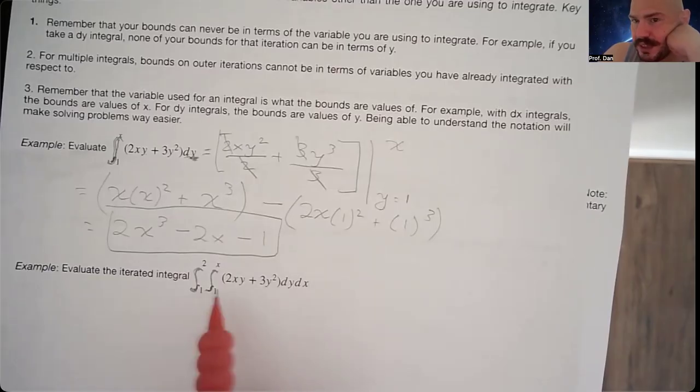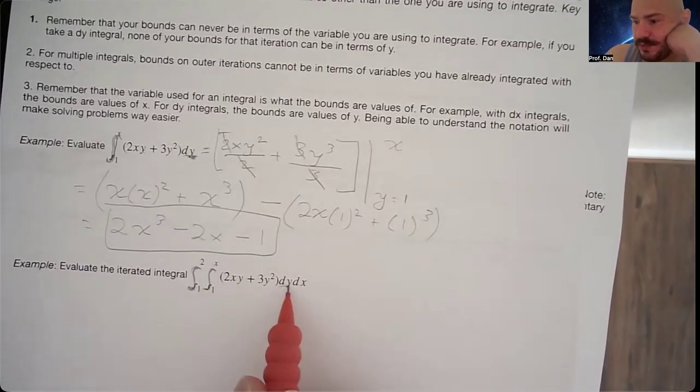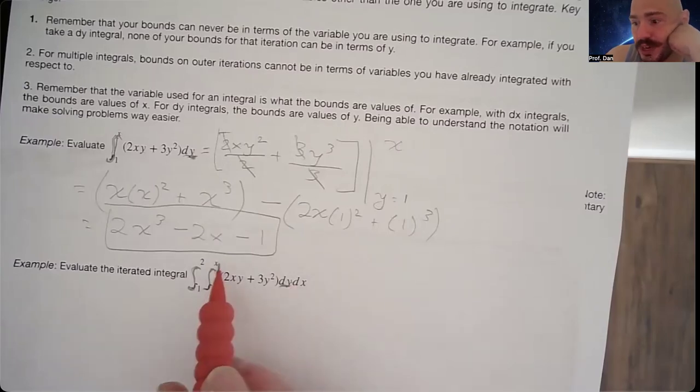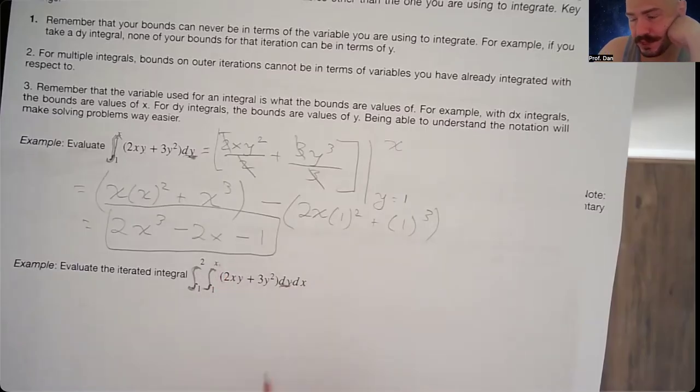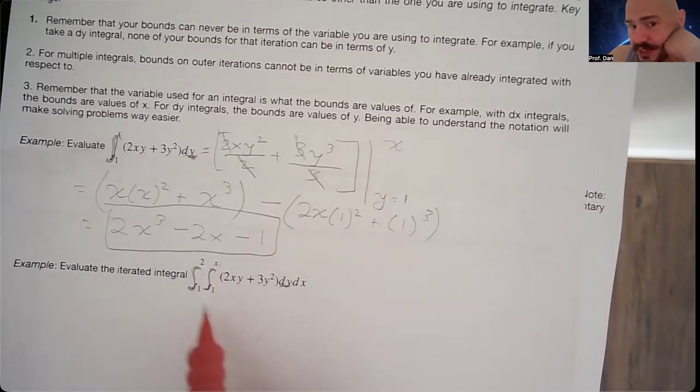And when we get into this territory, another adage that your Cal 1 teacher hopefully told you was that if my differential tells me that y is the variable, then y cannot be involved in any of my bounds. Right, similarly, if dx is my integral, then x cannot be involved in the bounds for that piece of it, right? Here, the dx goes with the 1 to 2.